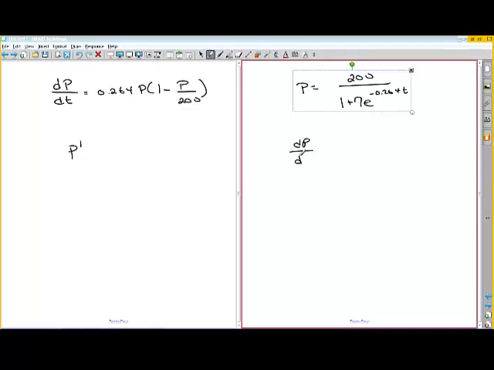So we're going to take dp dt based on this relationship. How do we do that? Well, you have to use the chain rule. So this is the same as 200 times (1 plus 7e to the minus 0.246 t) to the minus 1 power.